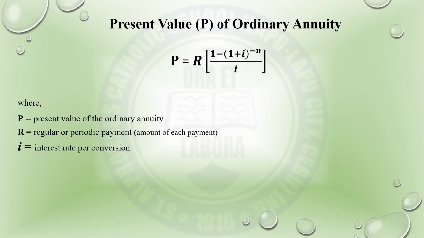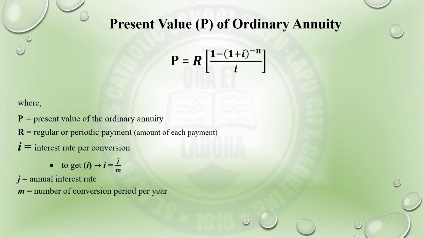I is equal to the interest rate per conversion, and to get I, it is equal to J over M. J is equal to the annual interest rate. M is considered as the number of conversion periods per year. N is the total number of conversion periods, and to get N, it is equal to the product of M and T.